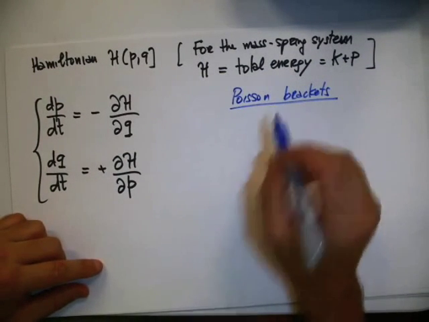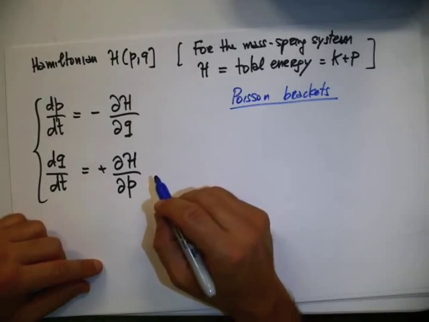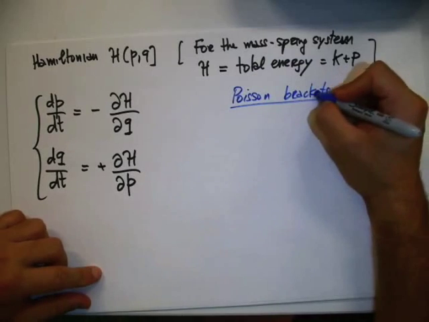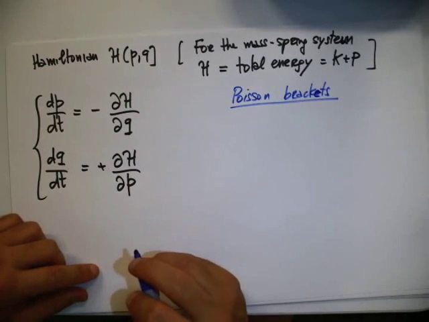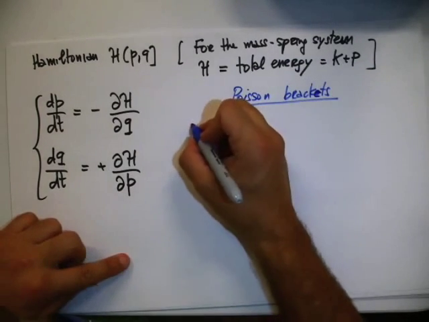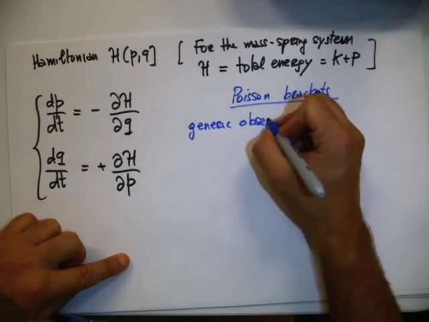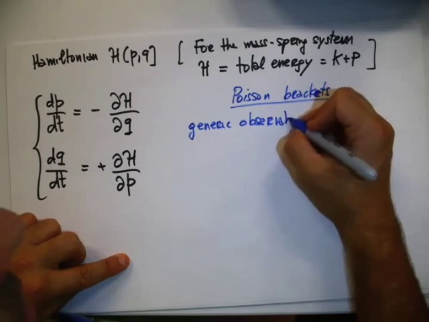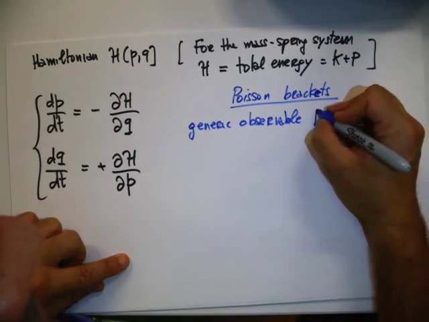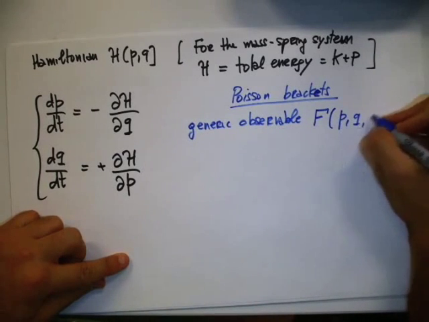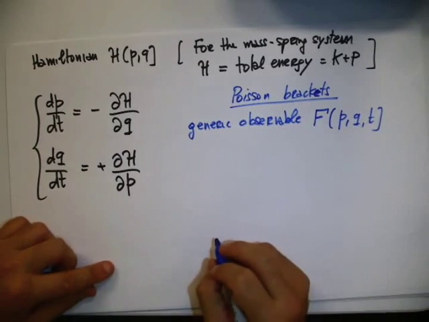A good Hamiltonian system is going to have good Poisson brackets. So let's try to understand what this concept of brackets is. To do that, let's consider a generic observable, which is basically any function f which depends upon p, q, and t.